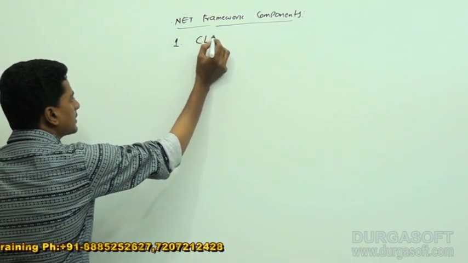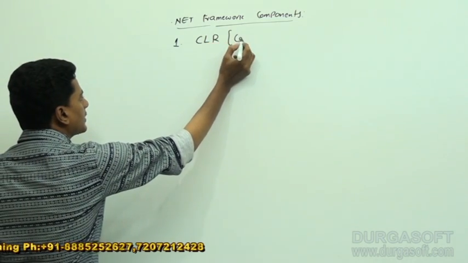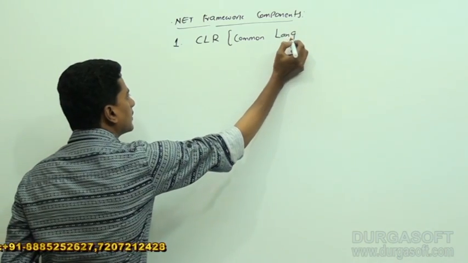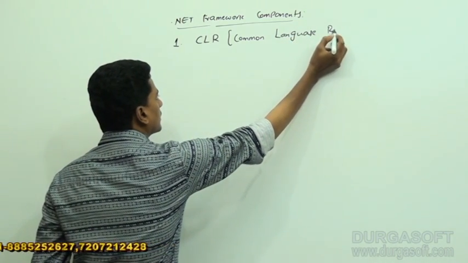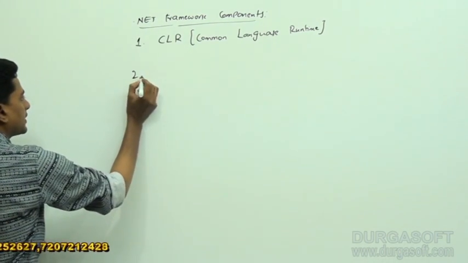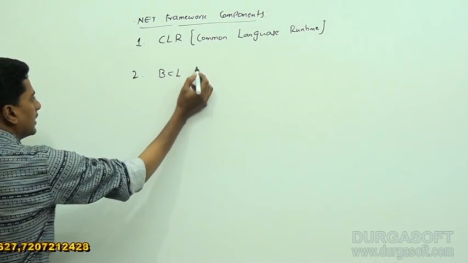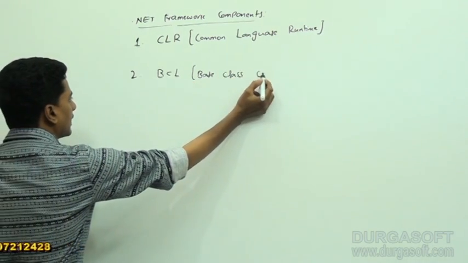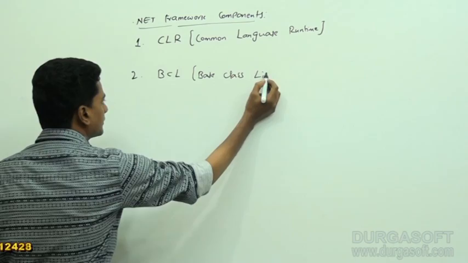One is CLR, which stands for Common Language Runtime, and the next one is BCL, which stands for Base Class Library.